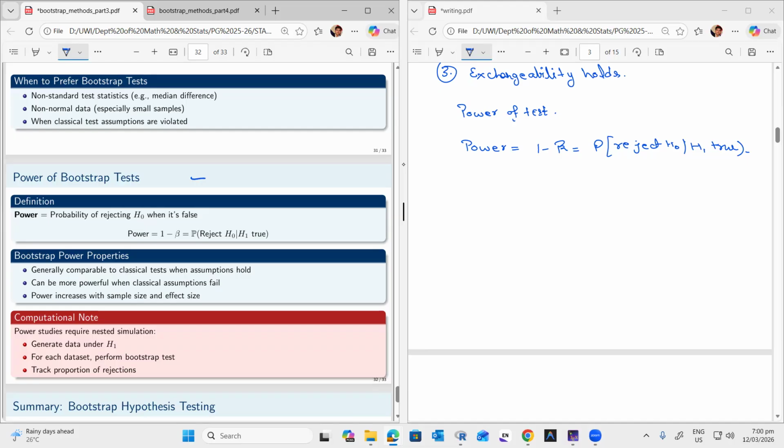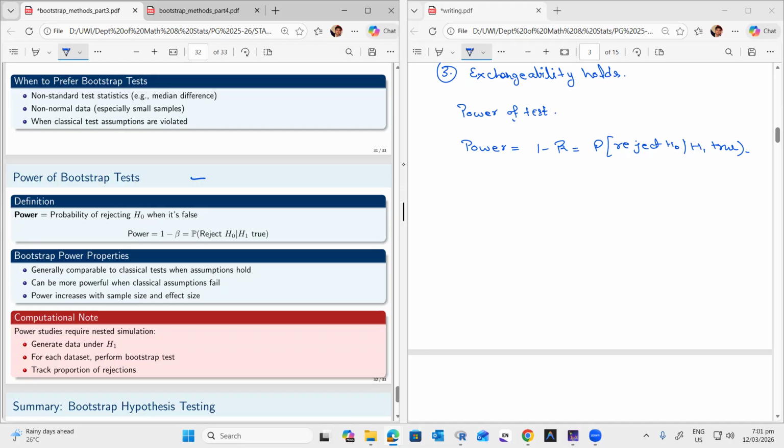For the inner loop, you generate the data sets from that outer loop resample, and run the bootstrap test again and again to obtain the p-value, compare that p-value to alpha, and record whether H naught is rejected or accepted. Repeat the outer loop a number of times, say 10,000 or 20,000 times. This is how you check the power of the bootstrap.